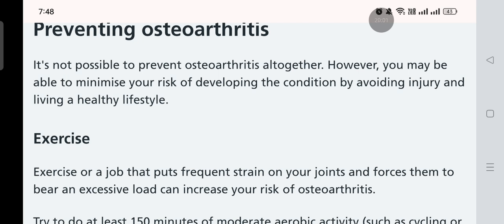However, you may be able to minimize your risk of developing the condition by avoiding injury and living a healthy lifestyle.